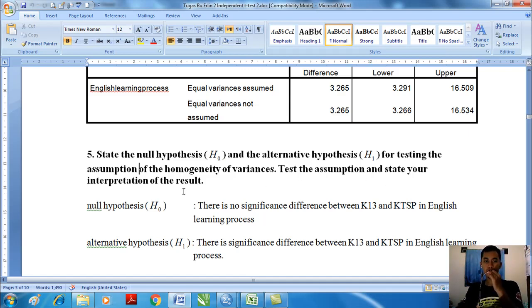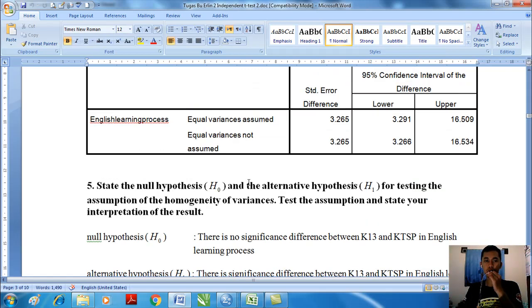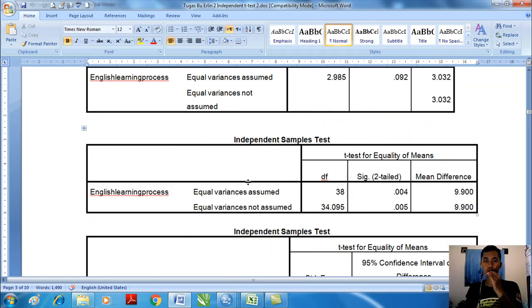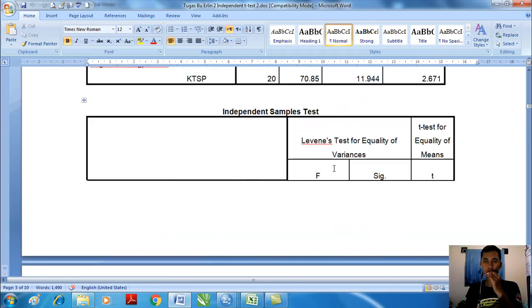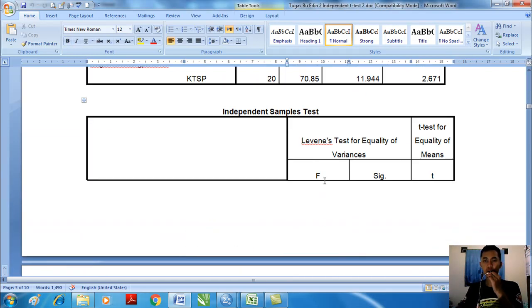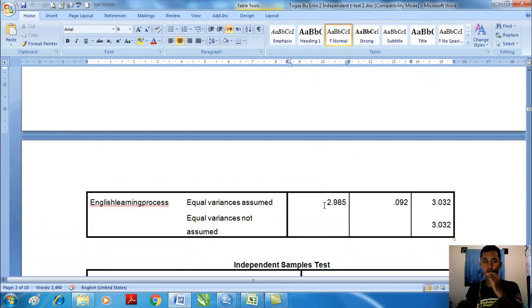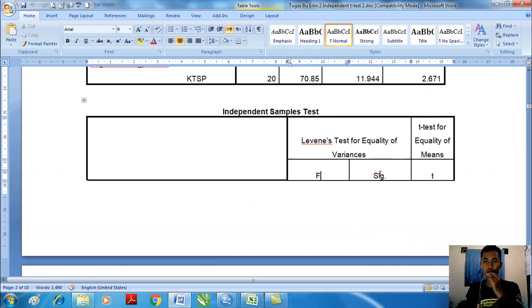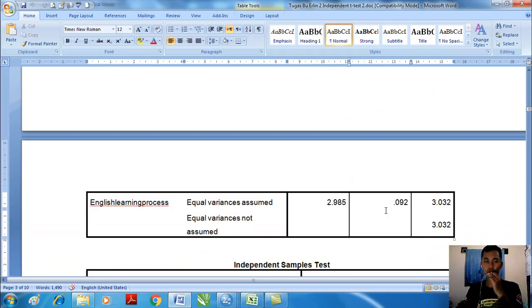For homogeneity, we can look at this table, Levene's test for equality of variance. This one tests homogeneity. F here is the statistic, and Sig here is the significance.